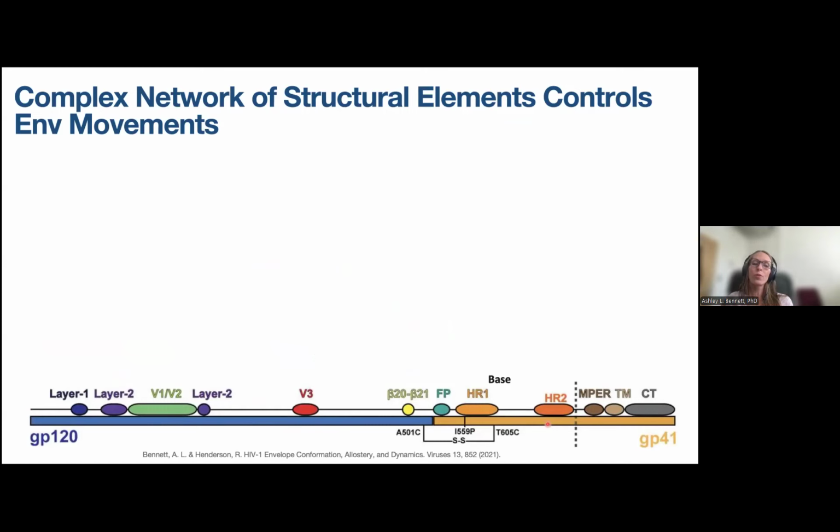These GP120 and GP41 can be broken down into smaller structural domains that undergo rearrangements during this opening process. For the purposes of this project, we're mostly focused on the V1, V2 elements shown here in green, the V3 element in red, and the beta 20, beta 21 element in yellow.